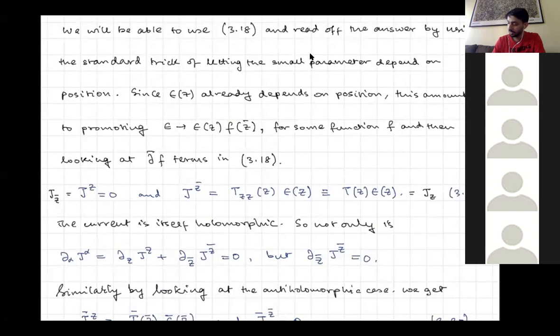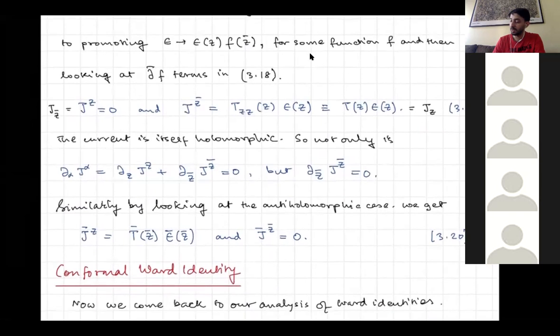We found that j upper z bar, or equivalently j lower z, was given by T of z times epsilon of z. This meant that it was of holomorphic type, and we similarly had an expression for j bar, which was anti-holomorphic.